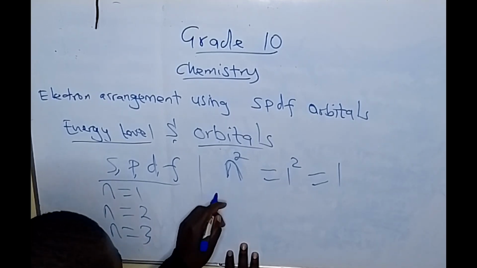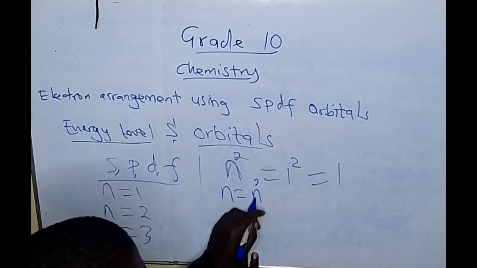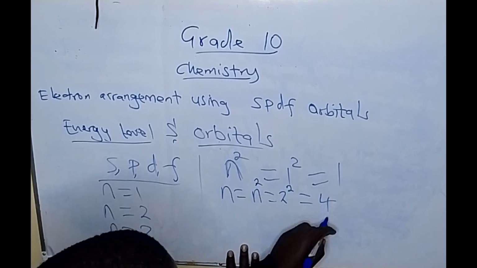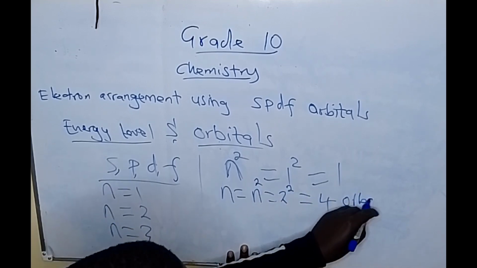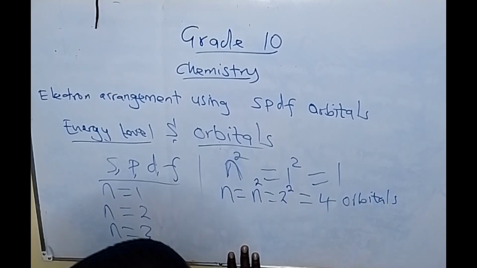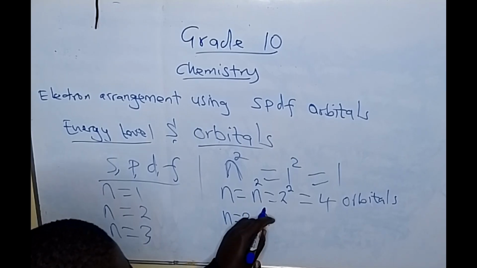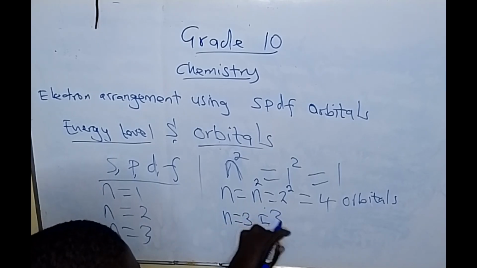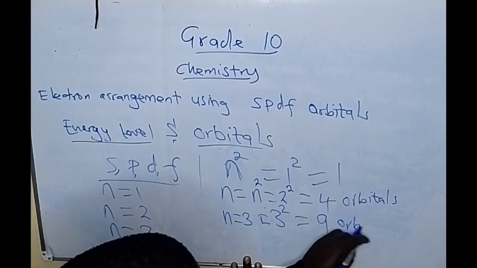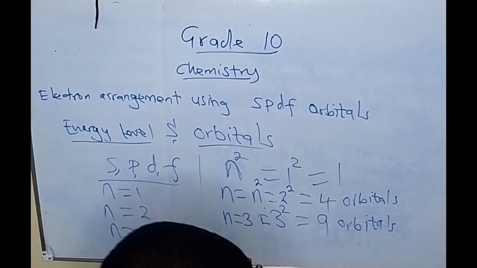So what about when n equals 2? That is n squared, which is 2 squared, and it means we have 4 orbitals. When n equals 3, that is 3 squared, and that is 9 orbitals.